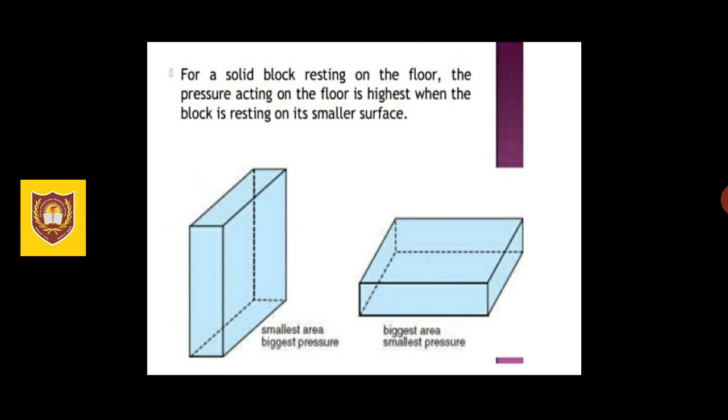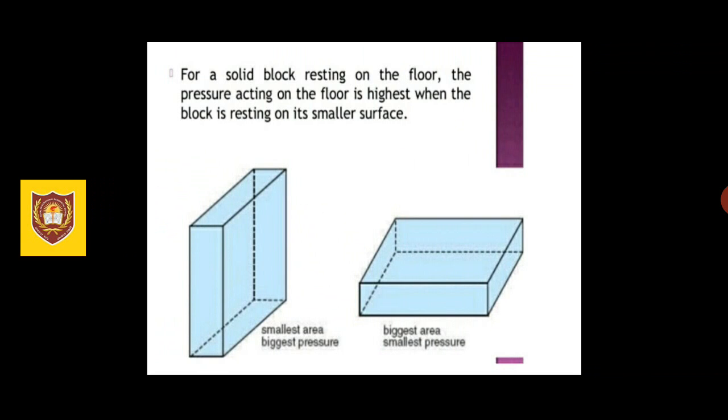Let's see the figure carefully. For a solid block resting on the floor, the pressure acting on the floor is highest when the block is resting on its smaller surface. Here the two figures are there. Same box is there.